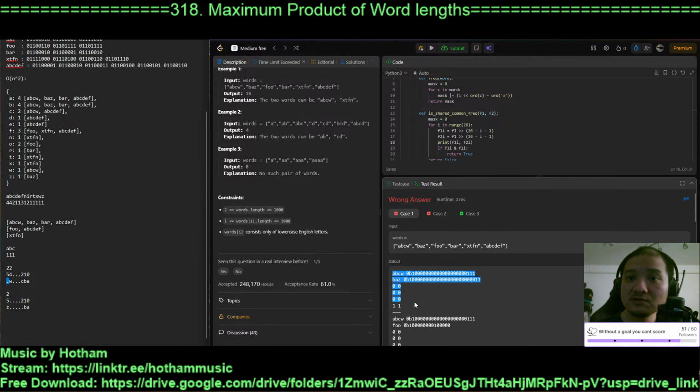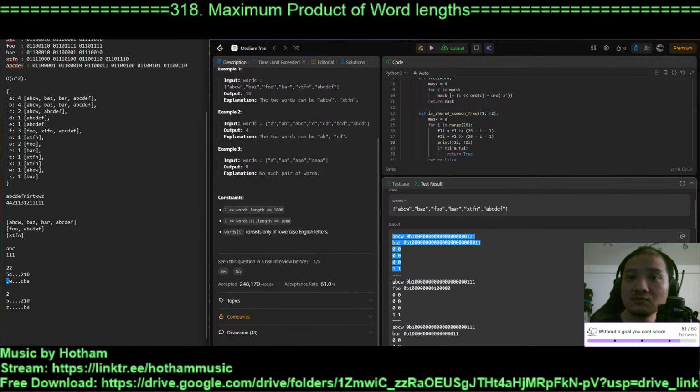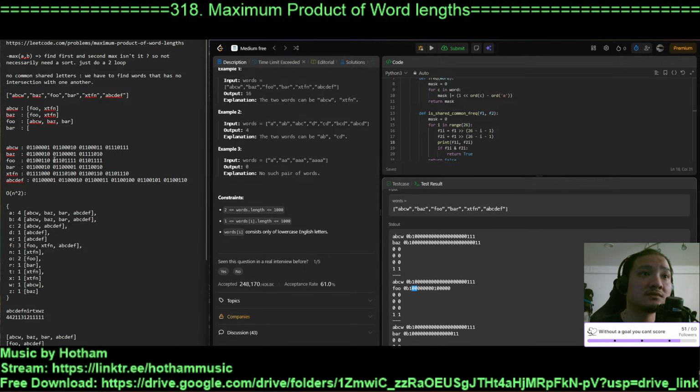Yeah, so this share common is good. Cool. Why does this share common though? So we have 0, 0. This one should not be common, and it is.